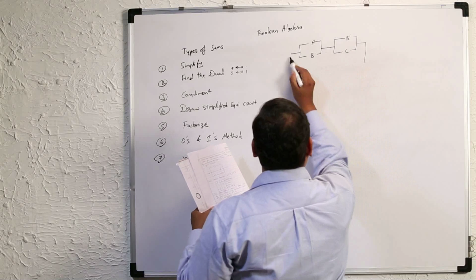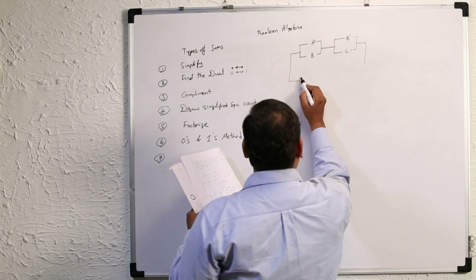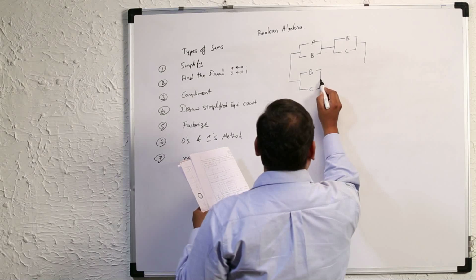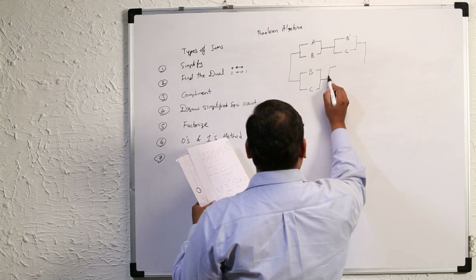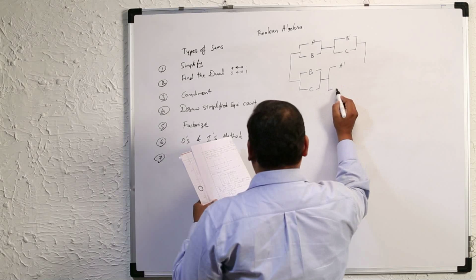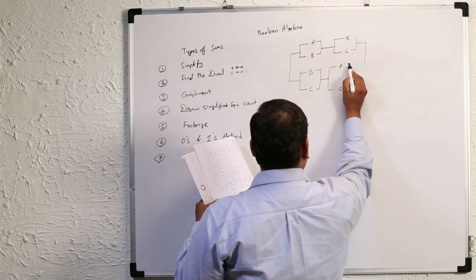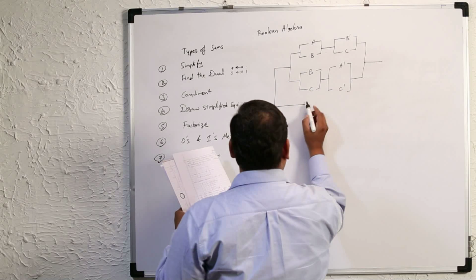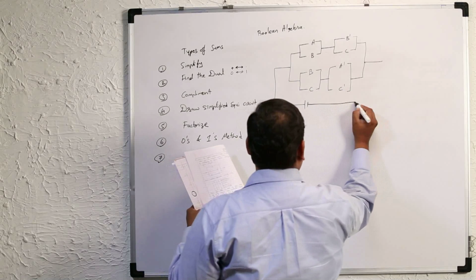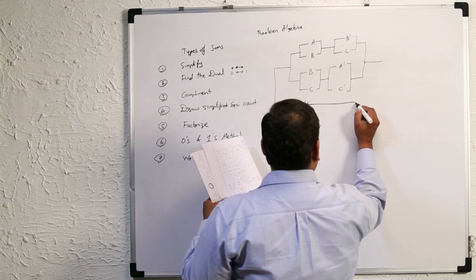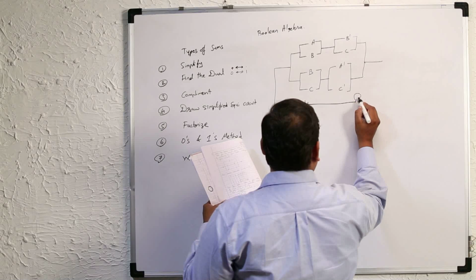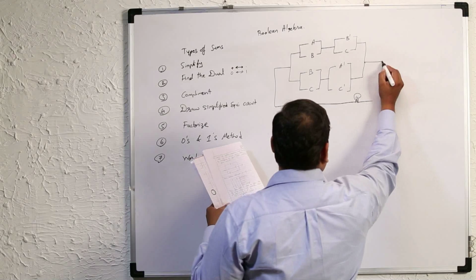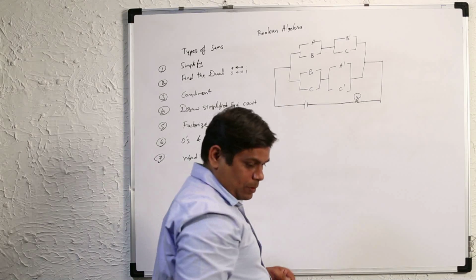The whole thing is connected in parallel with the parallel of BC, which is eventually connected in series with A dash, C dash. Then there is going to be the load here or bulb, whichever they want. You may not light it, it's okay.